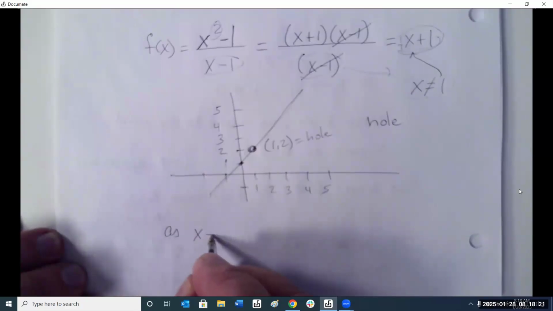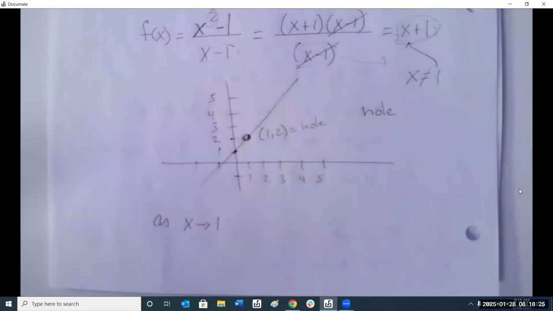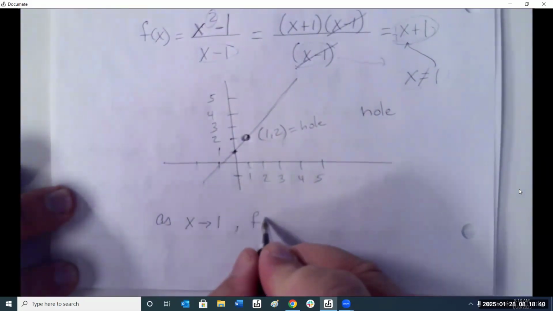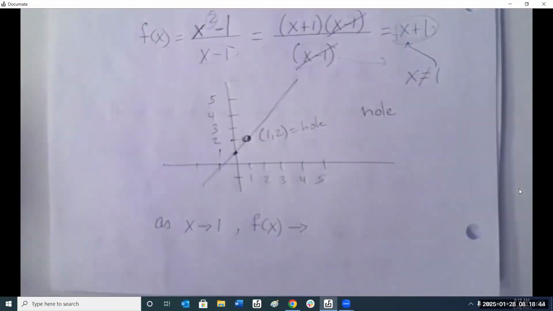As x approaches 1, what's the value of the function? As x approaches 1, f of x approaches what value?